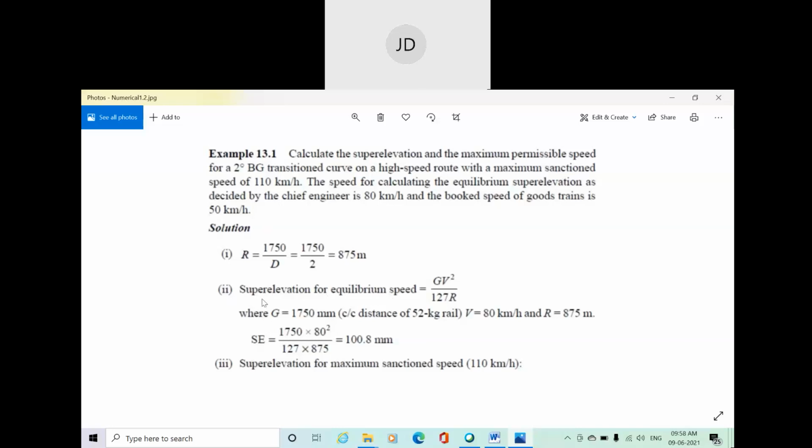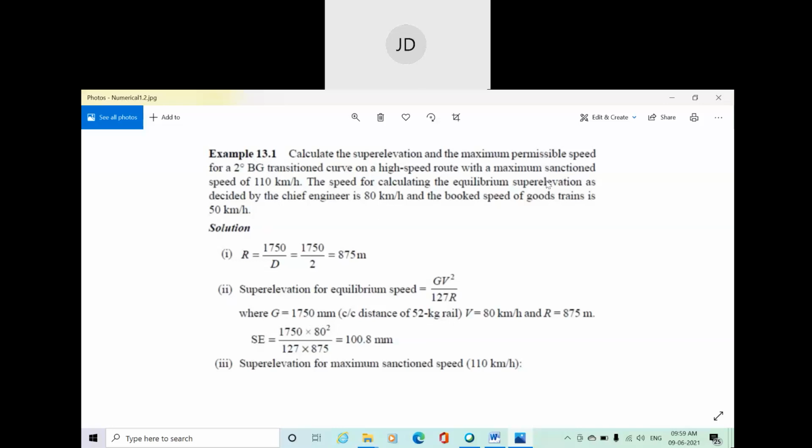Equilibrium super elevation means super elevation for equilibrium speed. And how can you find out? G v square by 127 R, where G is your track gauge. And for a broad gauge, what is the track gauge? It is 1750 millimeter, the standard center distance between the 52 kg rails. You have to remember this gauge length for broad gauge. And the speed of the train, what is 80 actually?